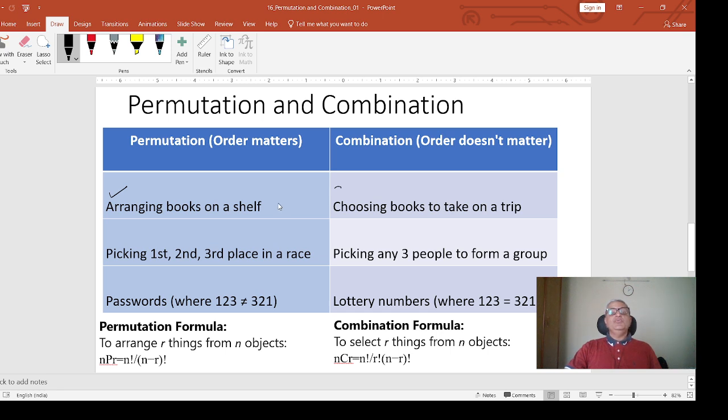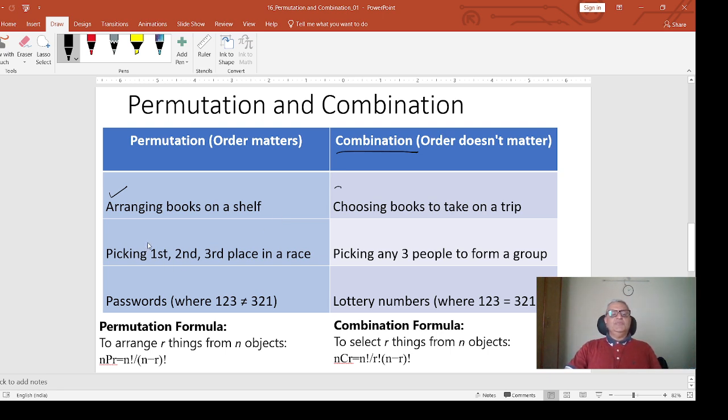How many ways can you select two books from the group of 10 is a classic example of combination. Here the order of the books doesn't matter, whereas arranging on the shelf, order matters.